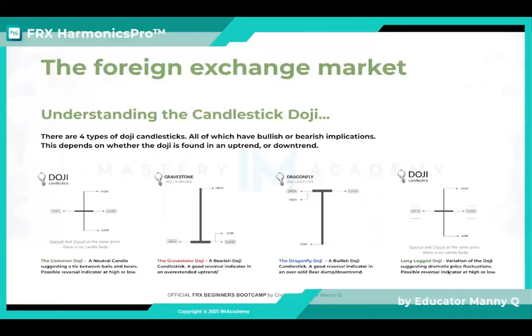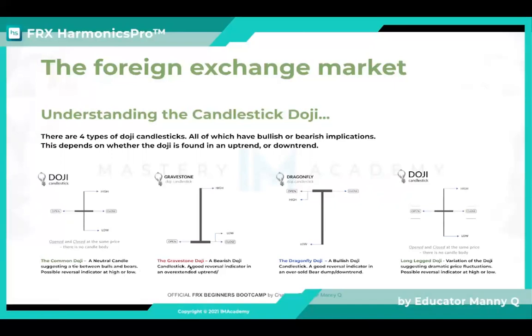However, identifying these dojis at the top or the bottom of a trend, basically where you're looking for the market to reverse, can be one of your first indications that you can enter here as the market will in fact turn around. So if you find the regular doji at the high or the low of a move, this could be a sign that there's a possible trend reversal.